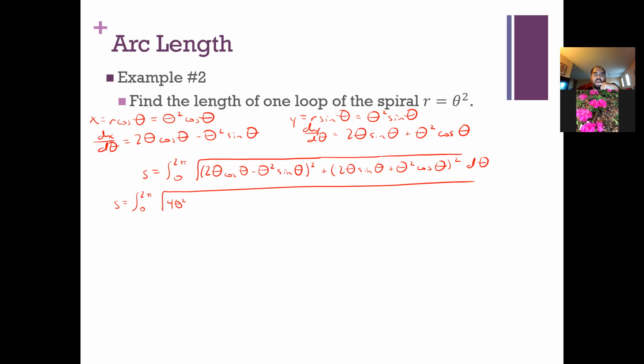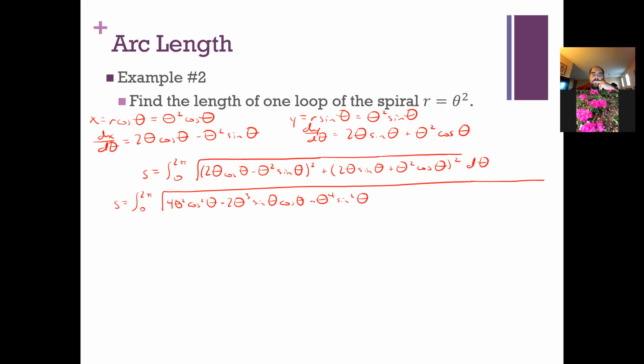So I get 4 theta squared cosine squared theta minus 2 theta cubed sine theta cosine theta plus theta to the 4th sine squared theta.